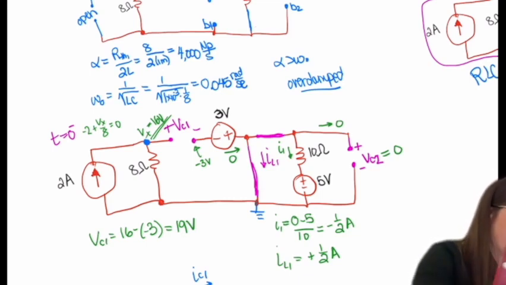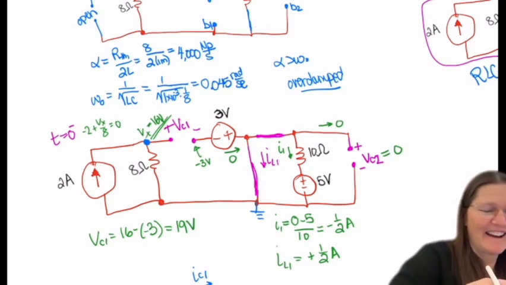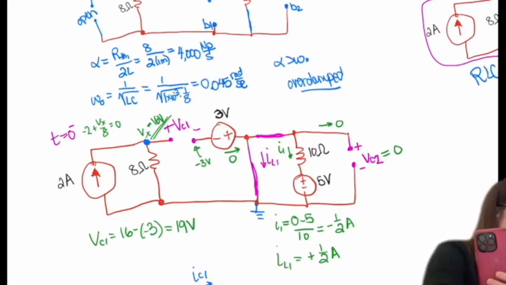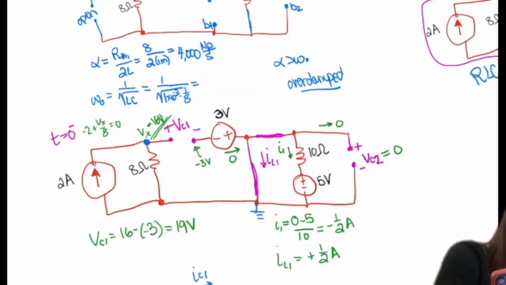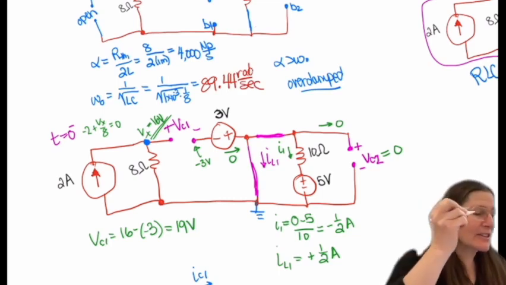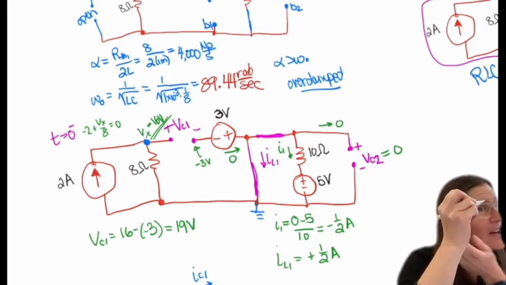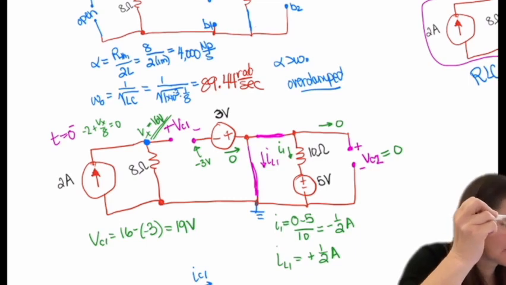My calculator says that calculation should be 89.44. Okay, I did these late last night, so thank you for correcting me. I'm going to have some errors in the values then. But it's still less than alpha, so it still is overdamped.